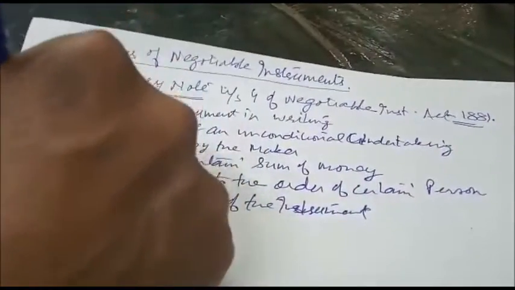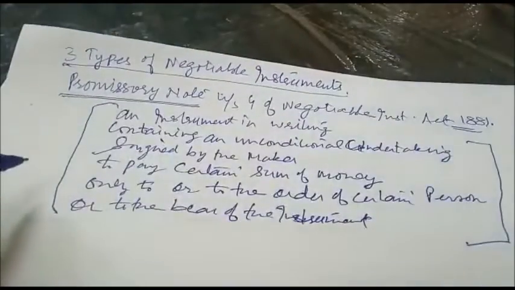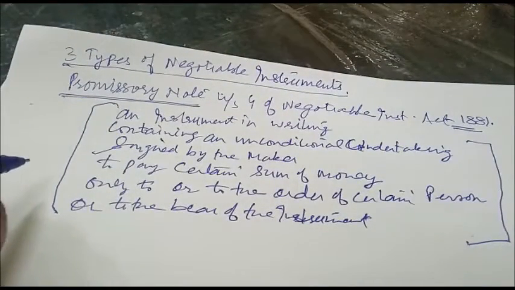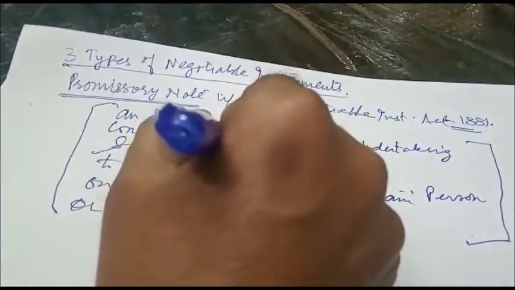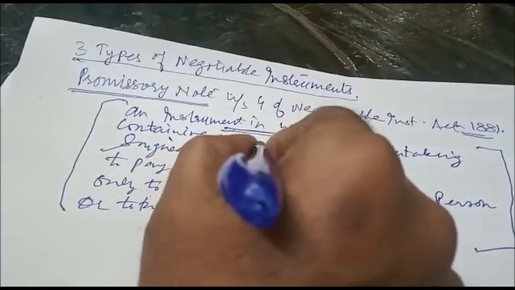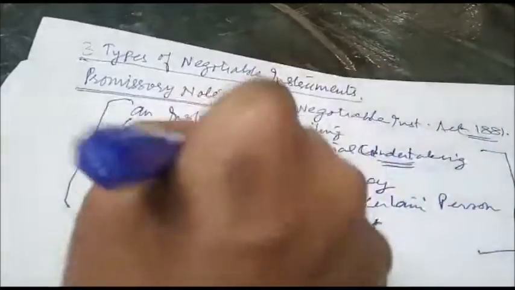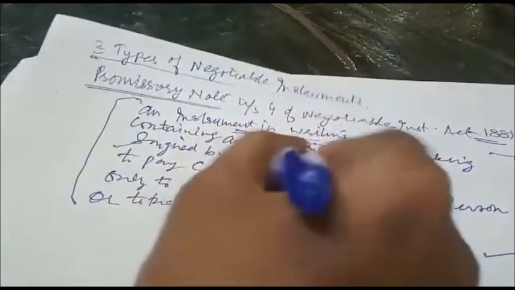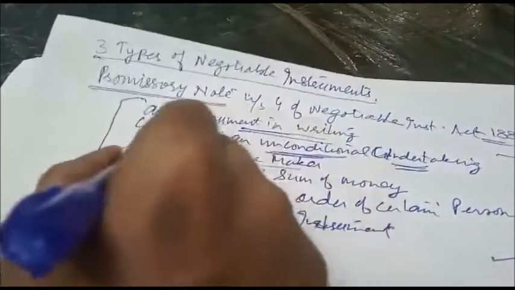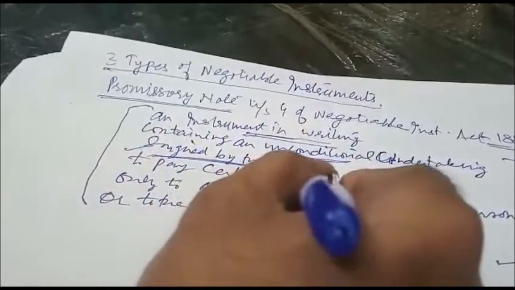This definition is mentioned under Section 4 of the Negotiable Instruments Act 1881. According to it, a promissory note must be in writing only. Second, it must be an undertaking, and the undertaking must be unconditional, not conditional. It should be signed by the maker, the person who undertakes to pay the money.